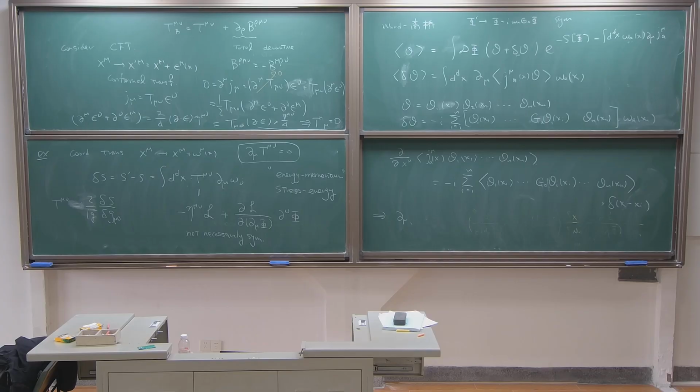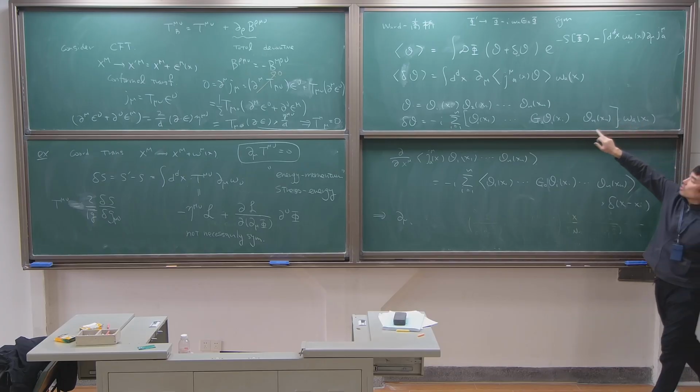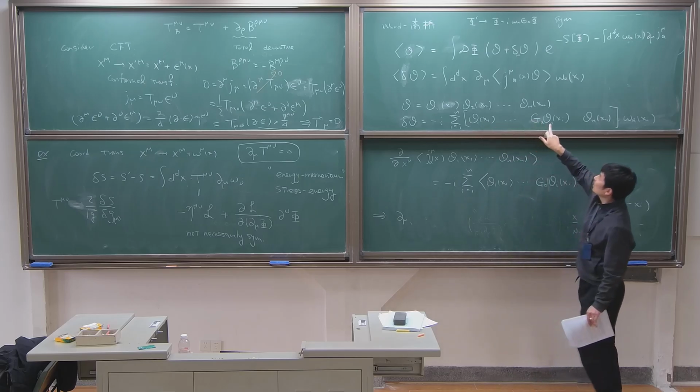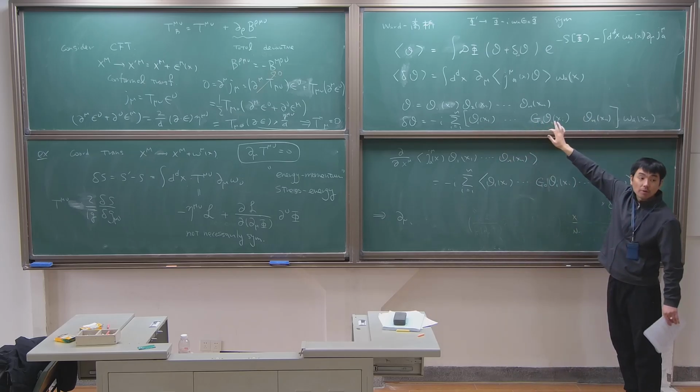Is it okay? So here you have a dependence on xi in omega. Each symmetry generator acts on each operator, and you have to sum over it.